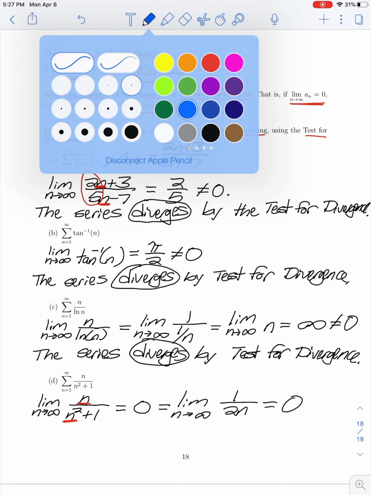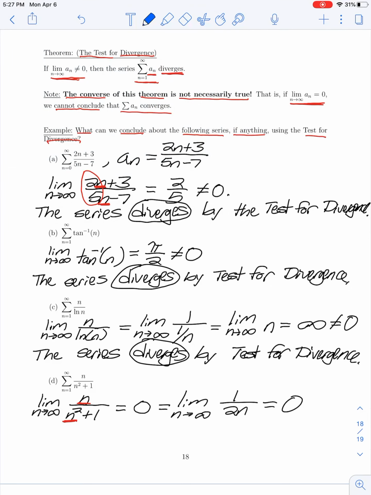Well, not necessarily. Recall here that the converse of the test for divergence is not true. Just because the limiting value of the term of our series is 0, we cannot conclude anything about the convergence of our series. So in this last part, we have no conclusion for convergence or divergence.